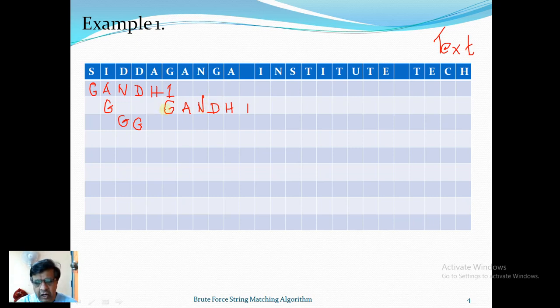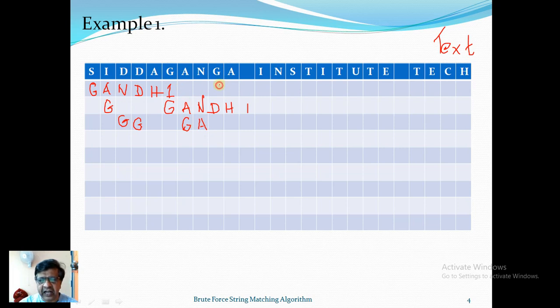So the algorithm breaks over here and goes for the further movement. Four comparisons would have happened, but the pattern will be moved by just one character, because the algorithm should not miss this pattern if it exists elsewhere. Now G is compared with A, and there is a mismatch.